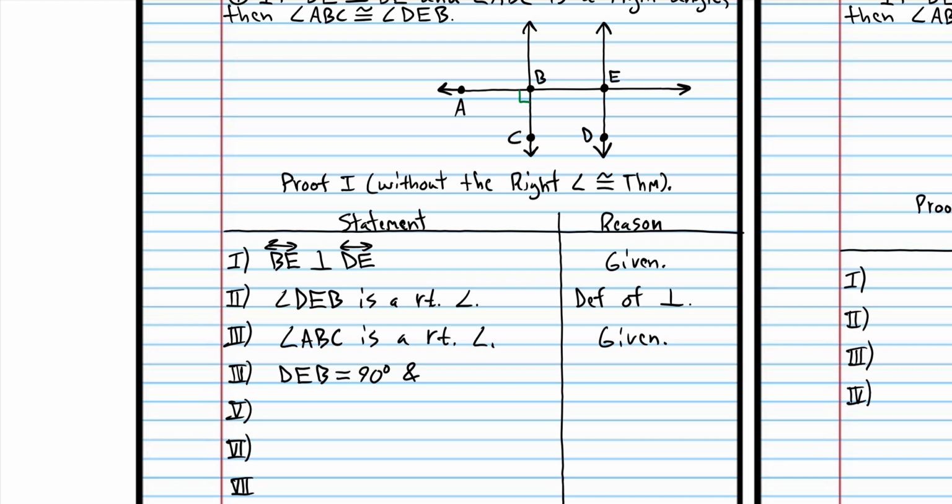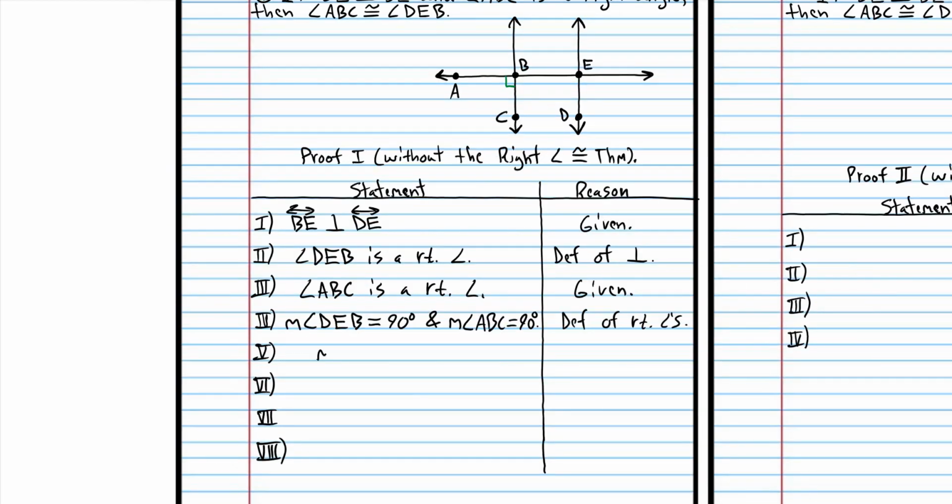And we also know that, whoops, that should be measure. Measure of angle DEB is 90 degrees, and the measure of angle ABC is also 90 degrees. And that's just the definition of right angles.